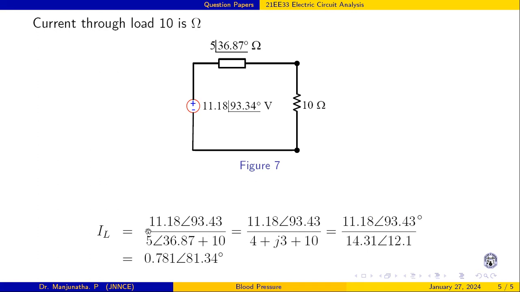So this is the one. 11.18 V and these two impedances. I just converted this into rectangular and again polar because of division here, or if the calculator supports it directly, you can skip these two steps. This is the current. In this way, you can replace the circuit and also determine the current.